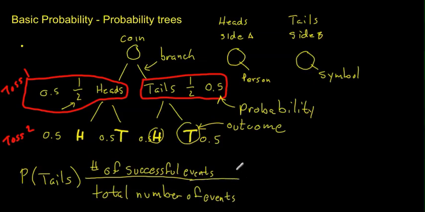You use this formula to calculate the probability of whatever it is that you're looking at for basic probability, and you put in here what it is you consider the successful event. If I wanted to find out the probability of throwing heads, I would take out tails and I would write heads in there.